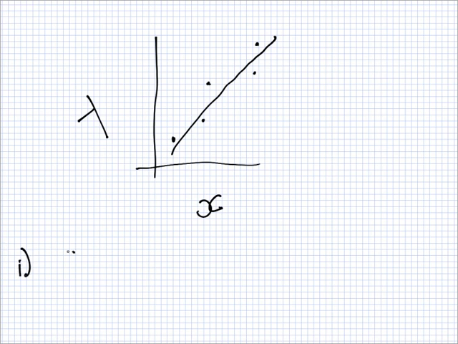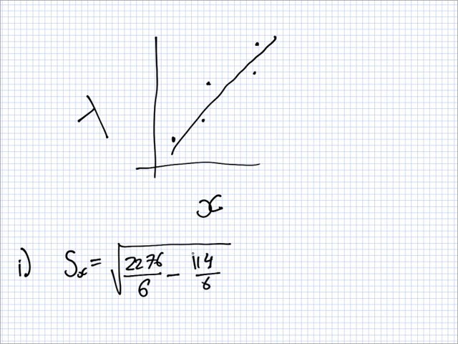First, let's calculate Sx squared. Well, first let's calculate Sx, and then we'll square it. So, Sx is square root, if I remember my formula, of 2276 over 6 minus 114 over 6, squared. Is that the formula?